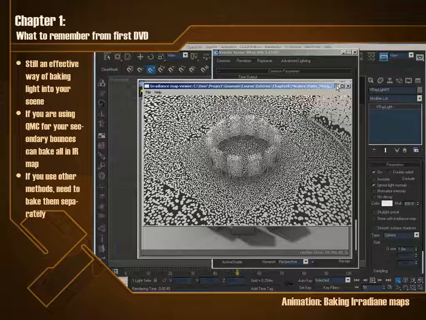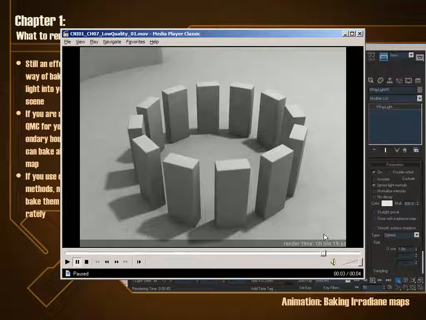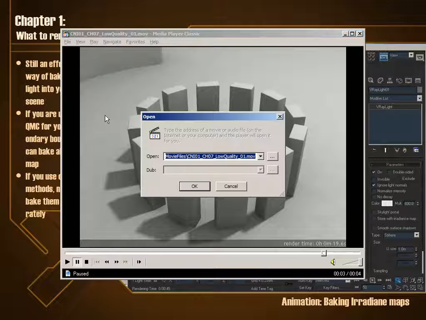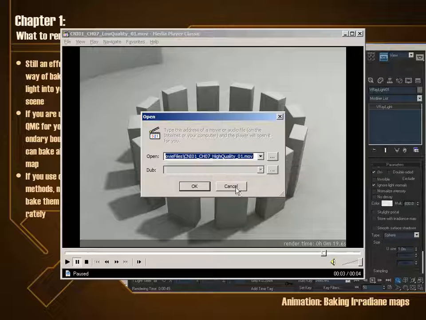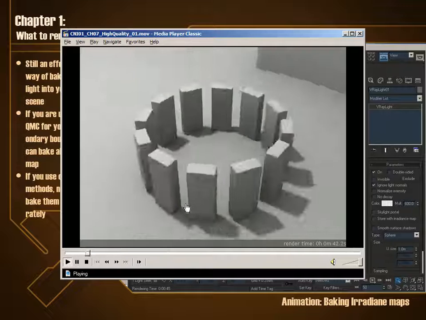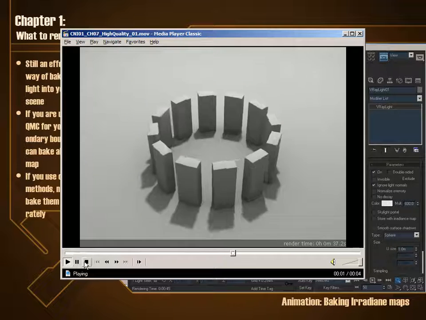But just to remember, if we did that, it created low rendering times, and when we went to the higher settings, we were able to get rid of most of the noise.